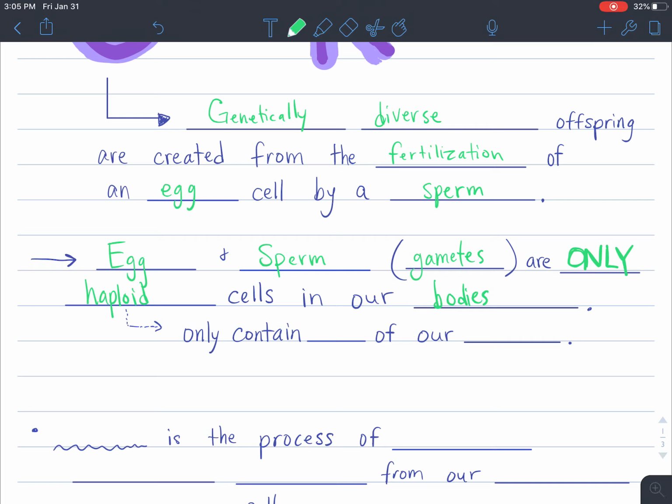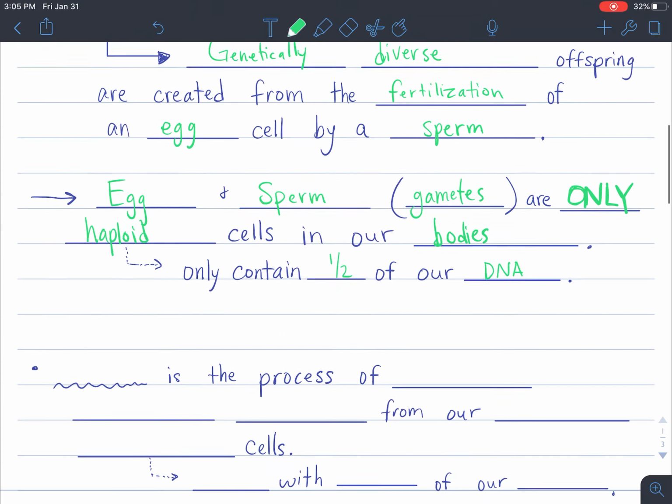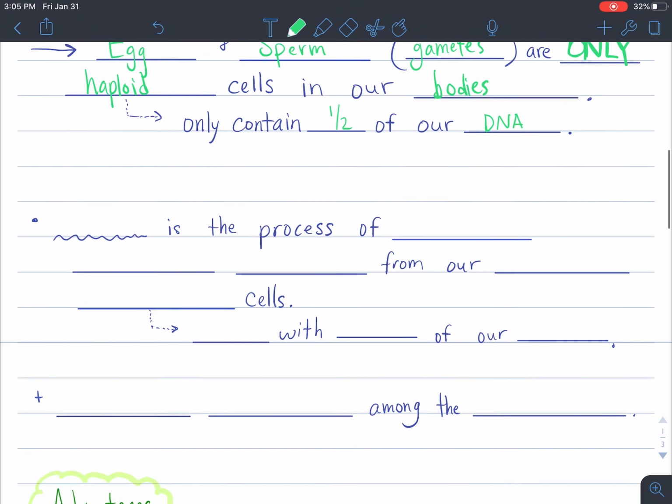And remember, haploid means they only contain half of our DNA. So when the father contributes the sperm, half of the father's DNA is in the sperm. Half of the mother's DNA is in the egg. And a half plus a half makes a whole organism, a whole offspring, a baby.